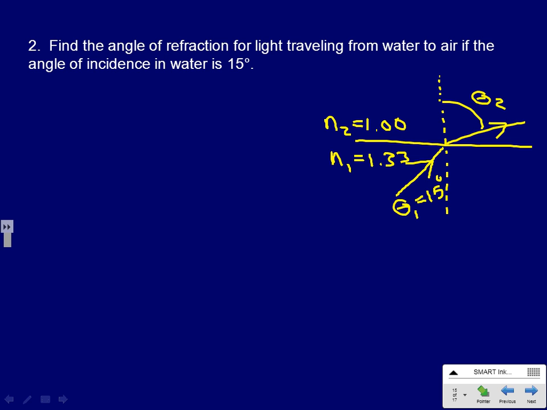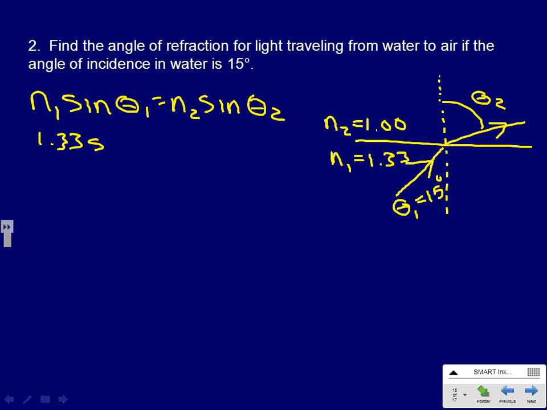The rearranging will be the same, just like the last example we did. Fill in, rearrange, take an inverse sine, solve. Sine 15.